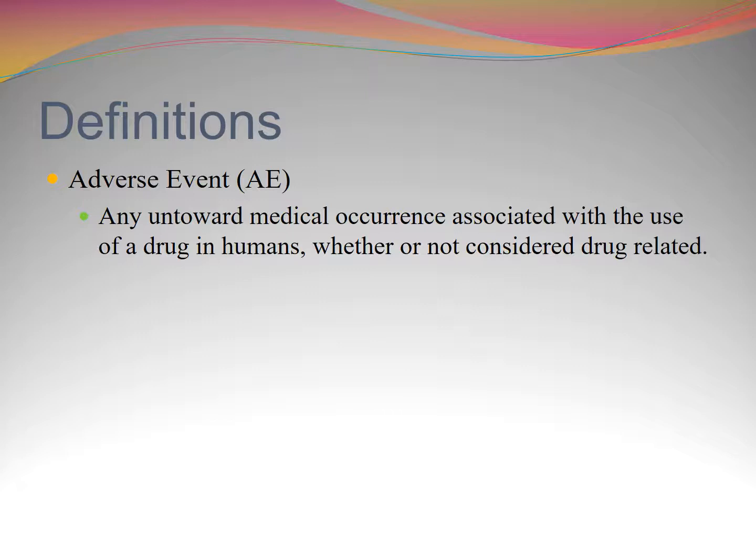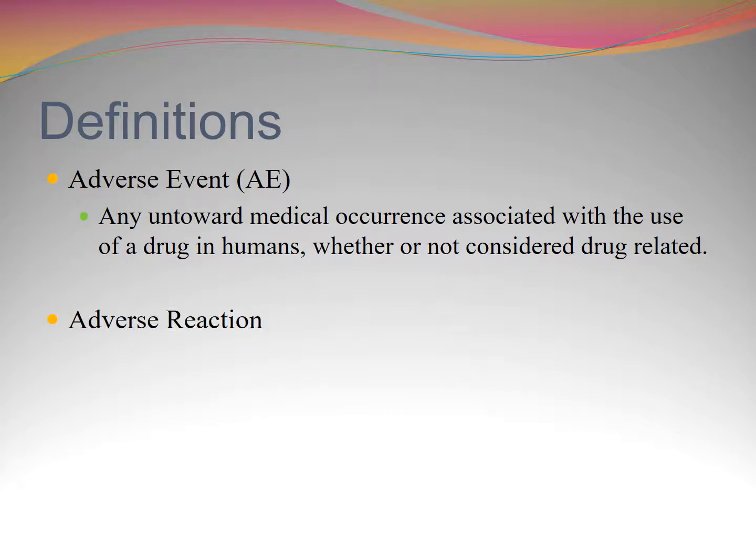So it's any untoward event that happens while that person's on study. If the person comes on study and they have an existing baseline condition, it's a worsening of the condition, or it's a new condition. But it doesn't matter whether it's related to the study drug or not. It's just any medical occurrence, any change or worsening. That's an adverse event.